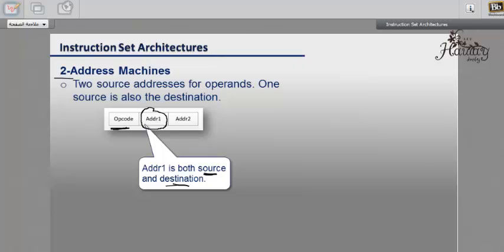So you use it as a source, but at the same time you store onto it. And address 2 is always a source. Right. So let's take the example.